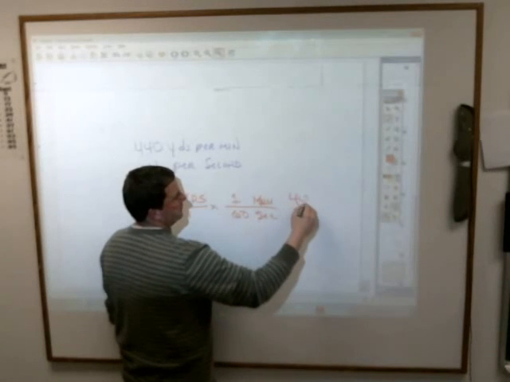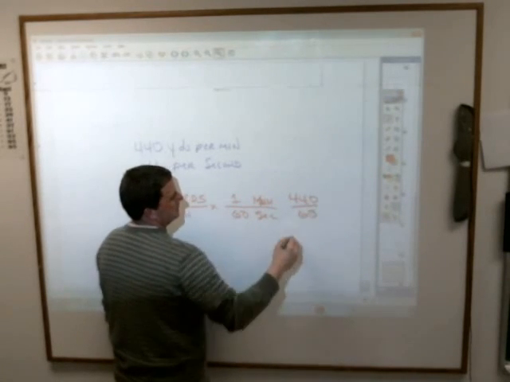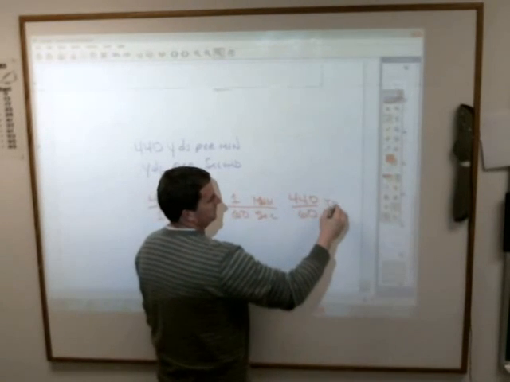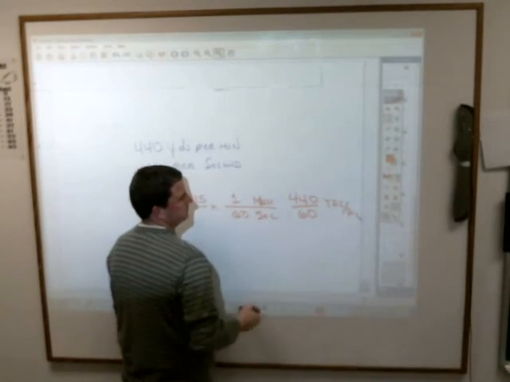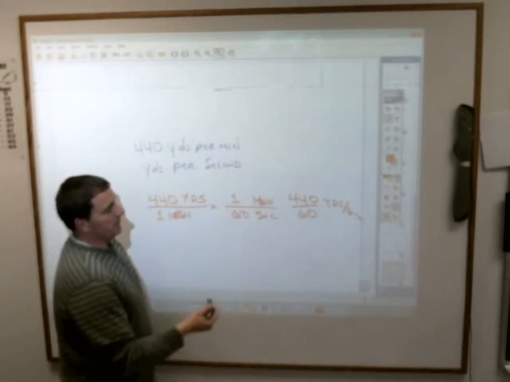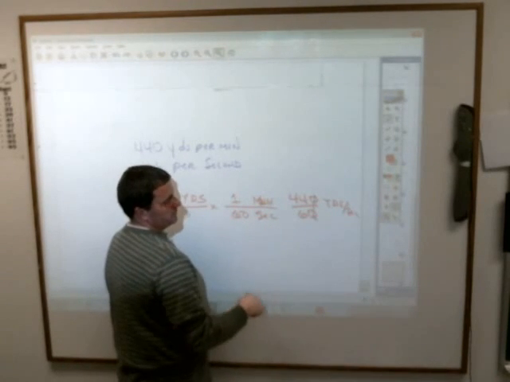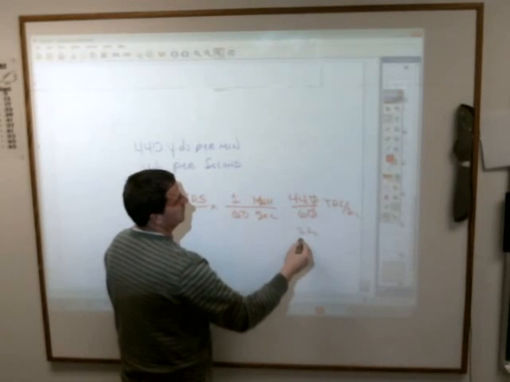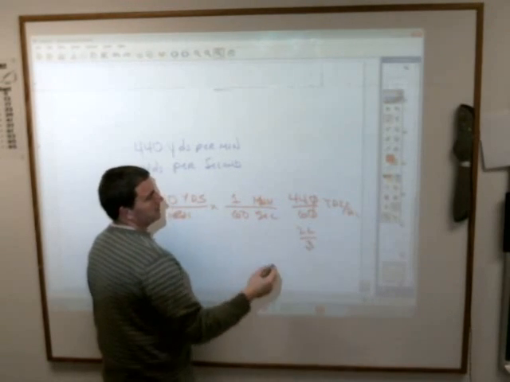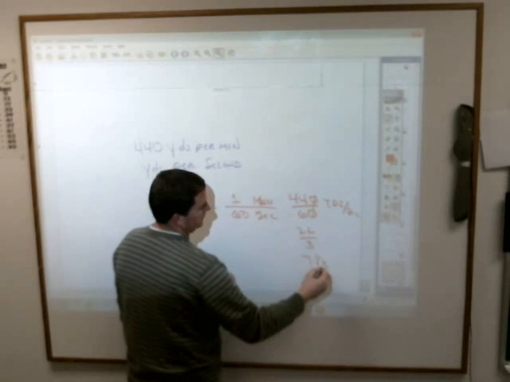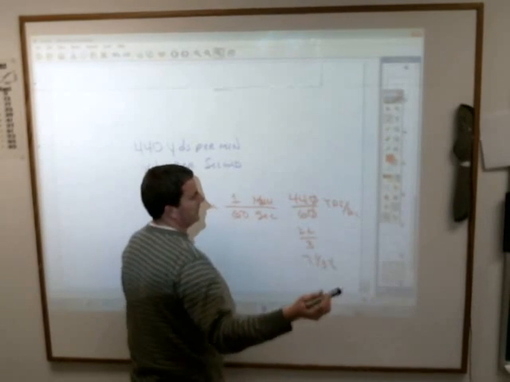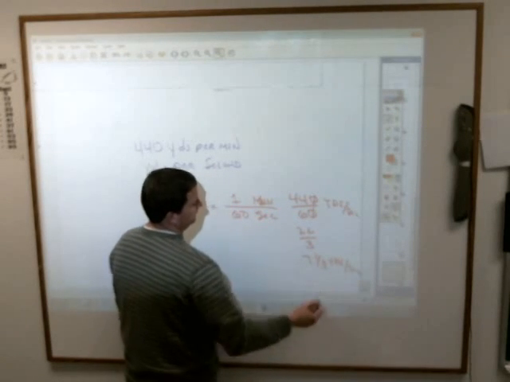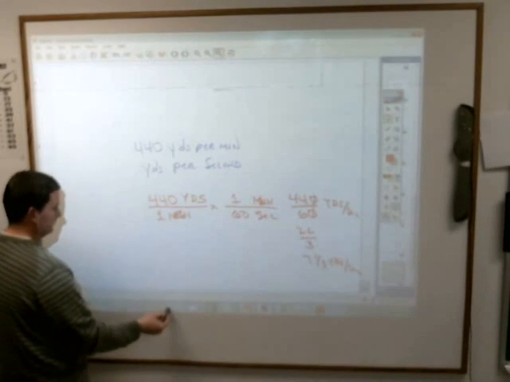Your answer comes when you get 440 over 60, and you still have yards and seconds. I got that. So we could have just kept it. Yeah, you have to at least reduce this. Divide them both by 2, you get 22 over 3. The book said it was 7 1/3, which is fine if you had 22 over 3, or if you had 7.3 repeating. Either one of those I would have accepted.